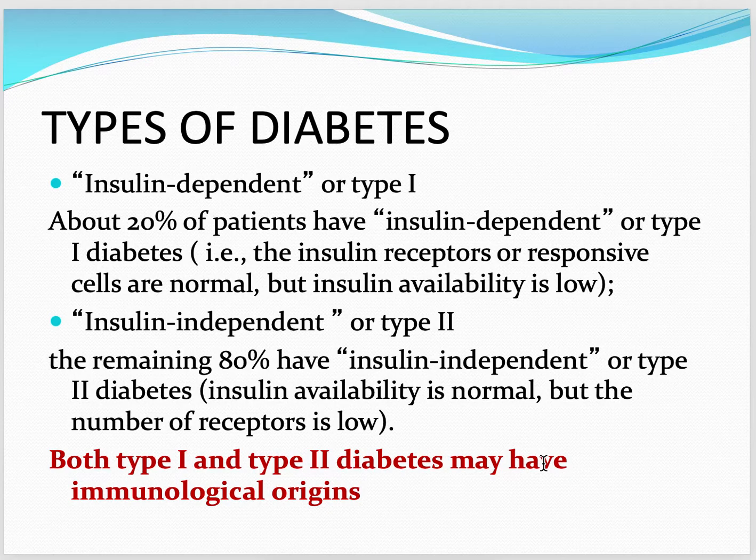There are many reasons which can cause diabetes, but diabetes can be caused because of immunological reasons too. Both type 1 and type 2 diabetes may have immunological origins. That means because of antibodies. There are several antibodies which can cause type 1 and type 2 diabetes.